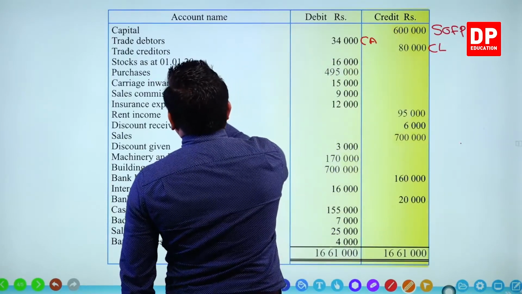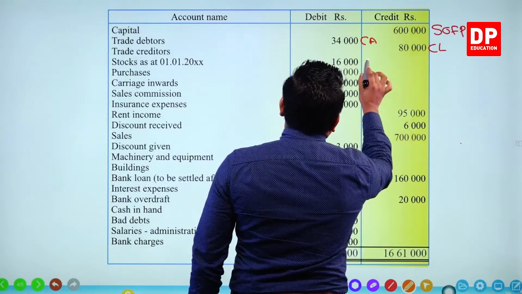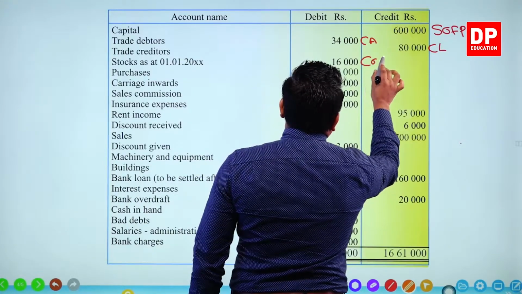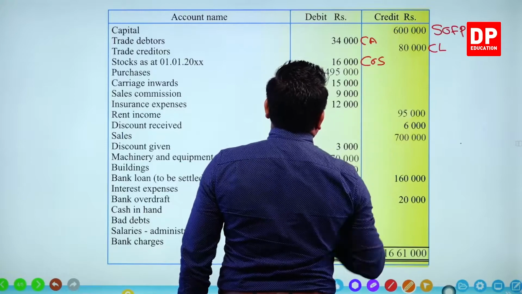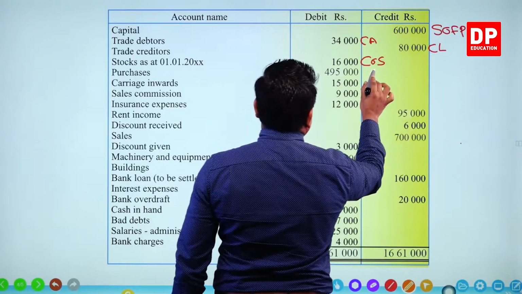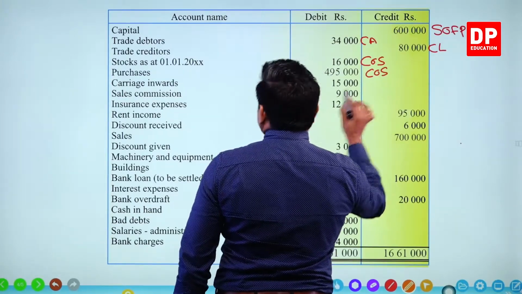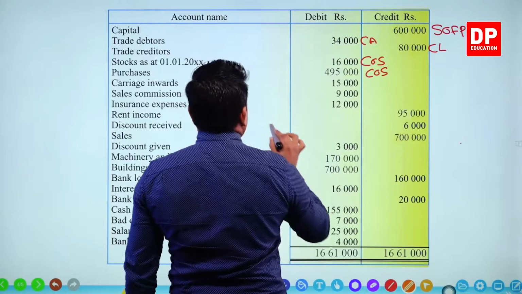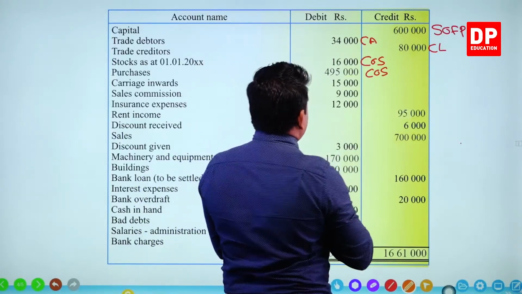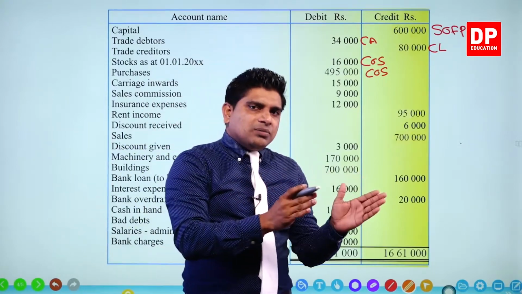Stock, 1st of January, it is opening stock. For what we take? To calculate cost of sales. This is O, right? Not 6. Cost of sales. Purchase also we take to calculate cost of sales. Then carriage inwards, it is the transport cost paid by the business to bring stocks to your business premises.